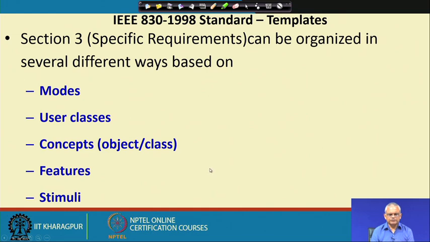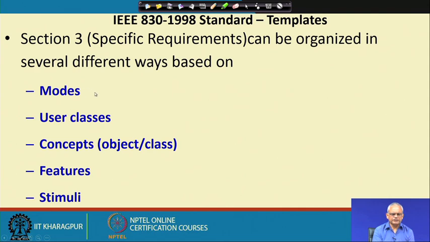But then the section 3 that we just saw now is just one example, and IEEE 830 specifies that there can be different organization of the section 3 based on the modes of the software. That is, a software may be having an expert mode, a novice mode, and so on.